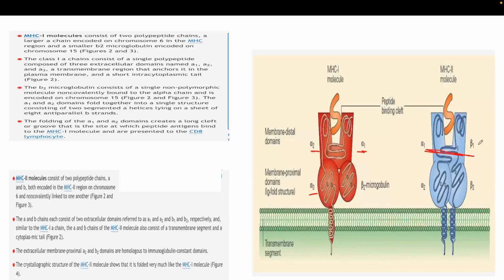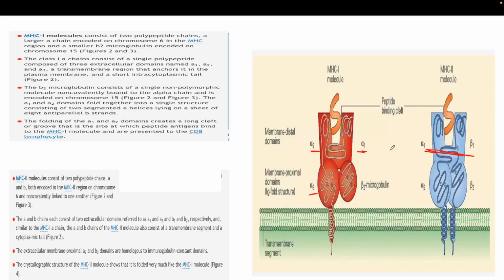Just remember this structure. Okay, because it is making the peptide binding cleft, that's why it is highly polymorphic in nature. This region is highly polymorphic so that it can bind with various types of antigen.